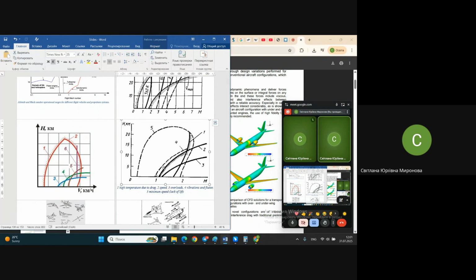Loads to the structure will be greater than the ability of the structure, specific loads, which, as I explained to you, depend on the speed: the faster you fly, the less wing area you need, but you have the same lift, and with the same lift you have less wing.